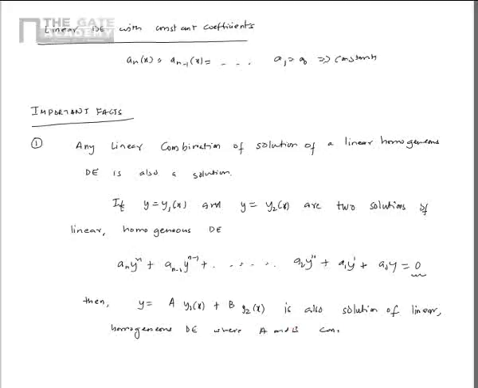So if you know two solutions y1(x) and y2(x), you can say that any linear combination of y1(x) and y2(x) is also a solution.